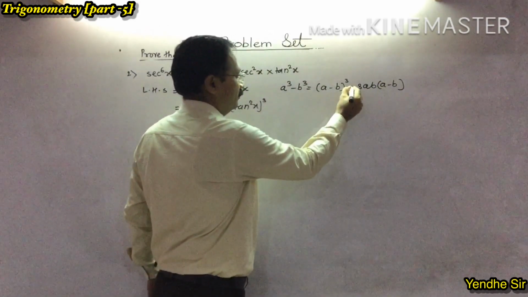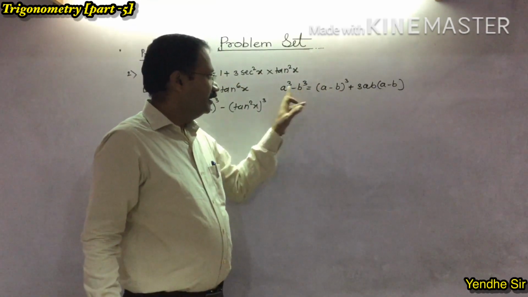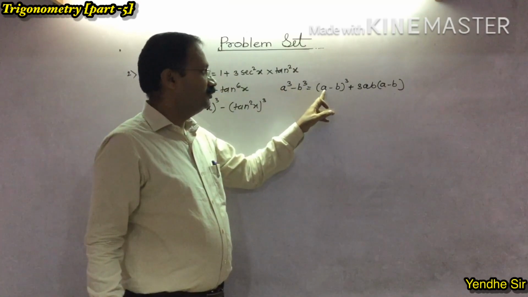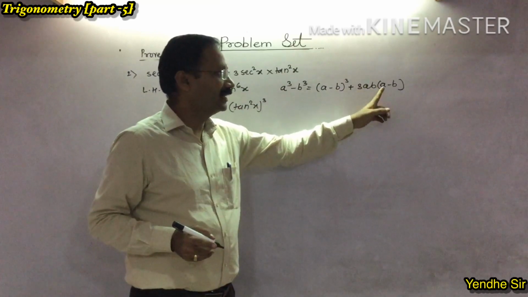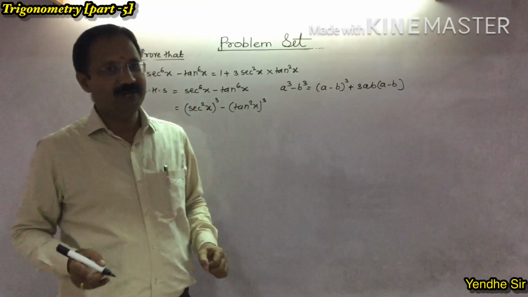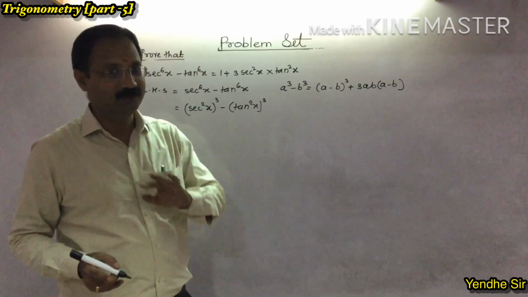Sorry, here it is plus. If it is minus, then you have to write the plus. a cube minus b cube equals a minus b the whole cube plus 3ab in bracket a minus b. In algebra, you have seen this one to find the values of alpha and beta cube.